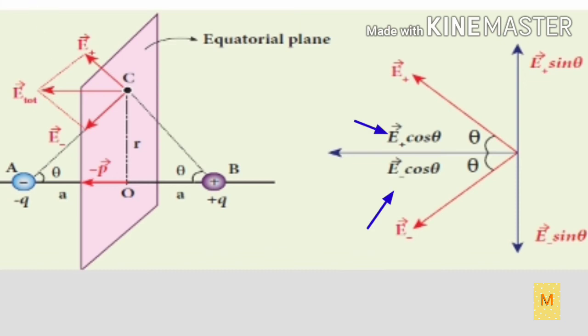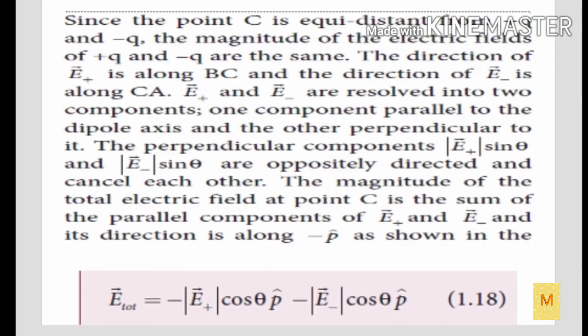Hence the total electric field will act only in this direction. Since the total electric field is acting along the negative x direction, the dipole moment is also acting along the negative x direction, which is directed from the charge plus Q to minus Q, so the unit vector of dipole moment is indicated by a negative sign, which is nothing but minus p cap.